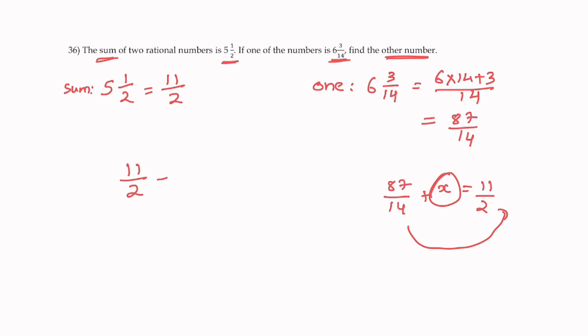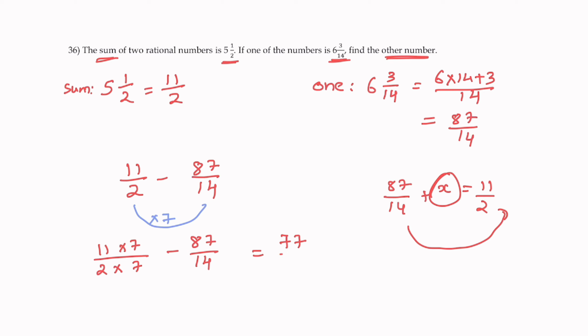11/2 minus 87/14. I know 7 times 2 gives us 14. So I'm only going to change my first fraction, which becomes 11 over 2, and both multiply with 7, minus 87 over 14, which is equal to 77 over 14 minus 87 over 14, and that is 10 over 14 with a negative sign because a larger number is negative over here.